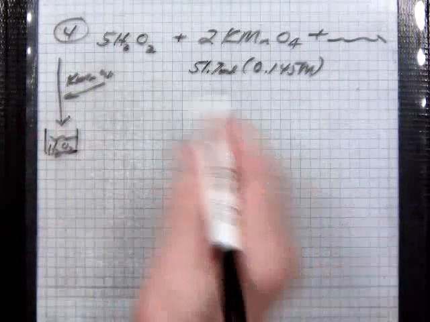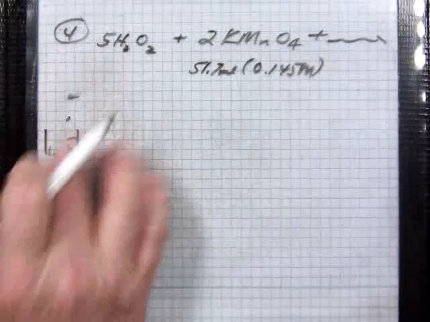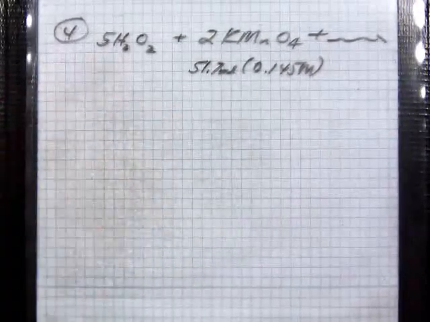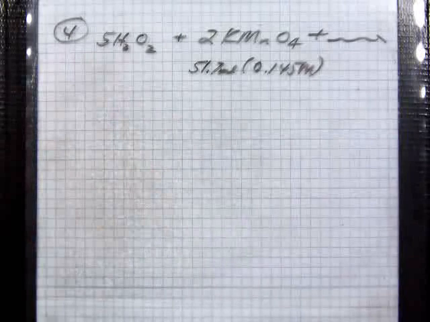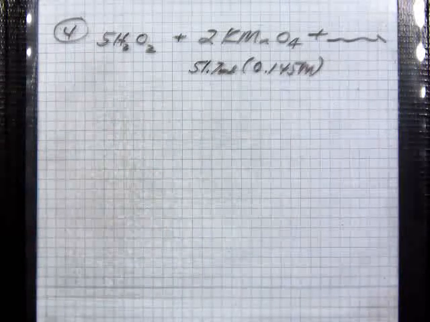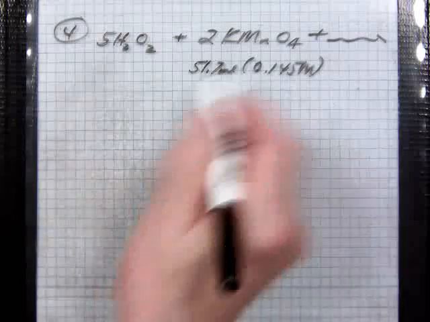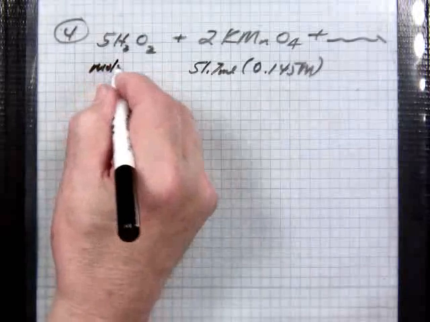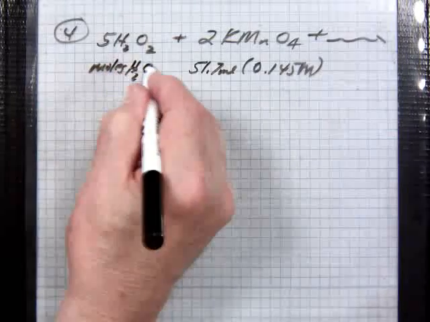So I'm going to cover this; we'll do more of that in the lab, hands on. So I can use this to relate over here to my moles of H2O2.